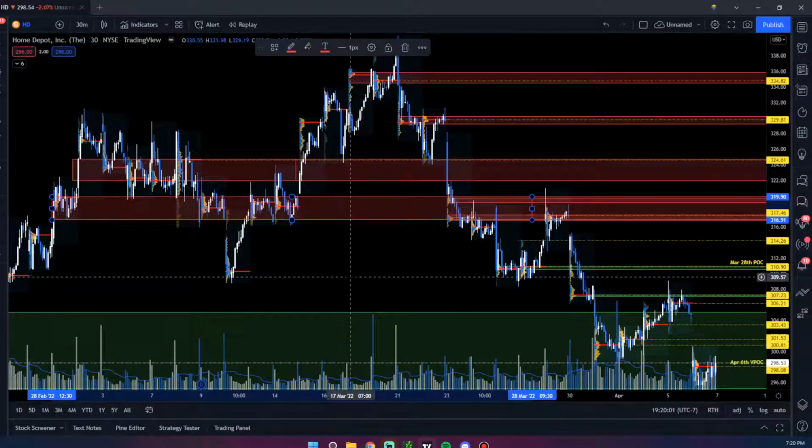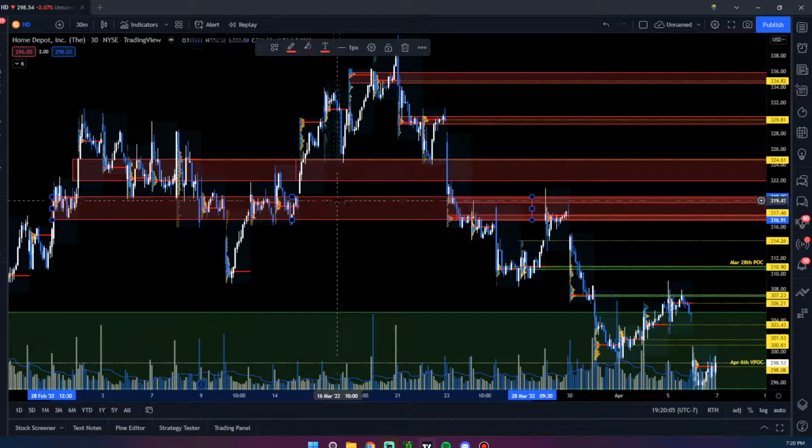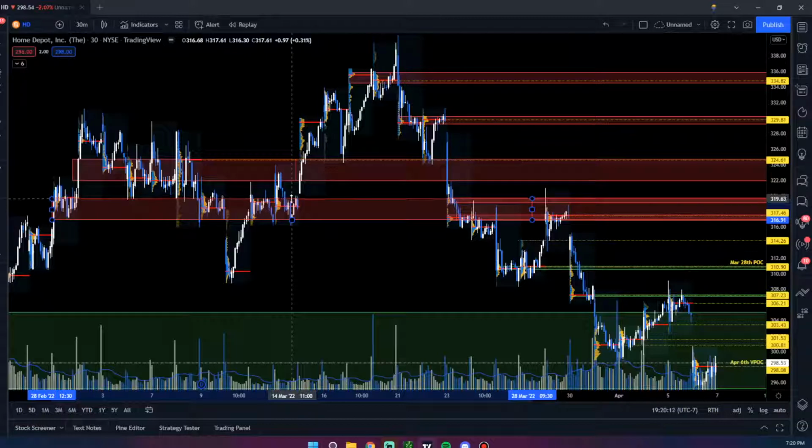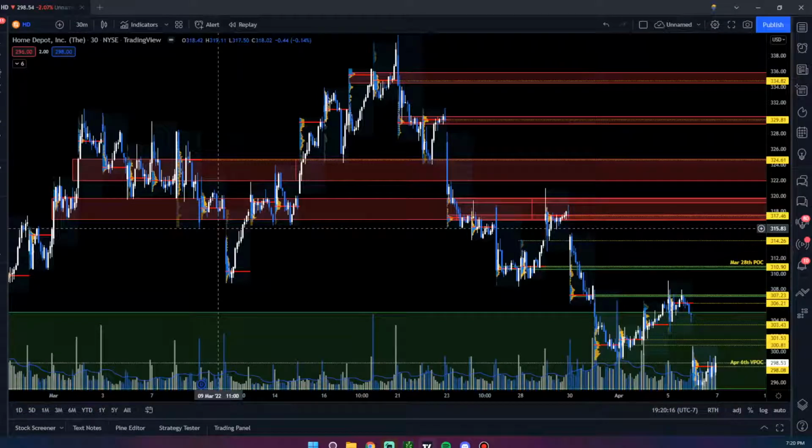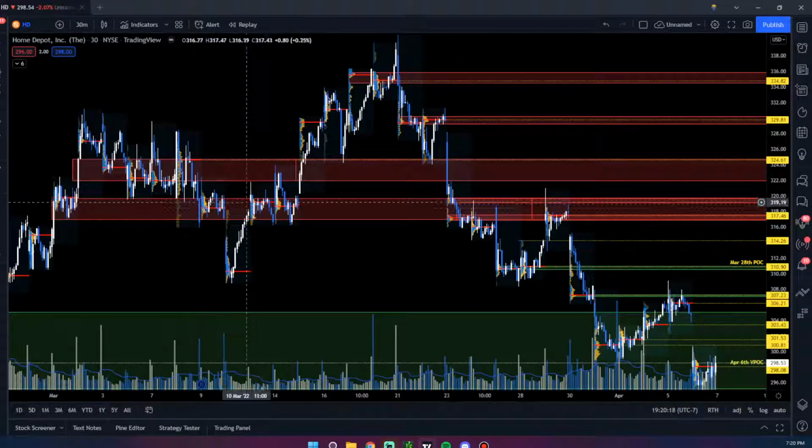But I don't like to draw huge boxes where I just don't take trades. Trying to think what's best here. Probably right around there, give or take. And as you can see, this is consolidation, this is consolidation.